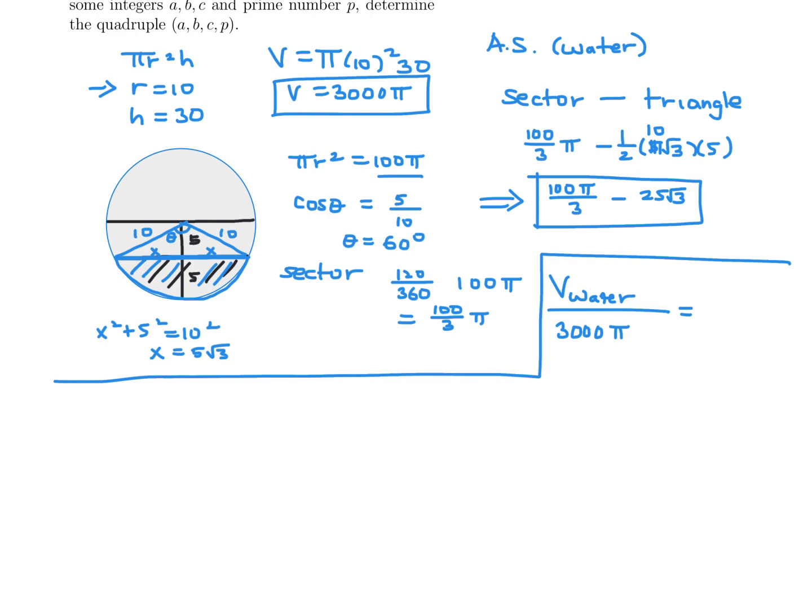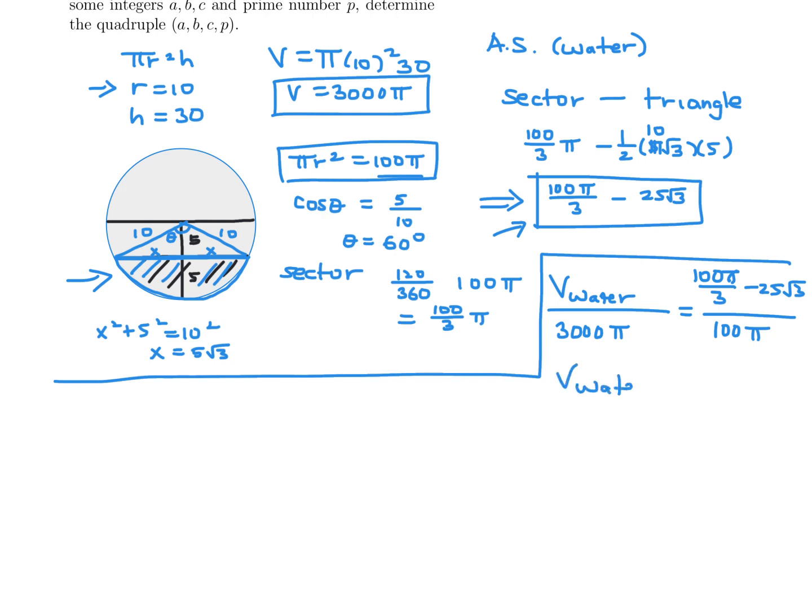So the area of the total was this guy, 100 pi, and the area of just that segment is what we just did up here. So 100 pi over 3 minus 25 root 3, over 100 pi. And then when you solve for this, you'll get the volume of water equal to 1,000 pi minus 750 root 3. Okay. But that's just this guy.